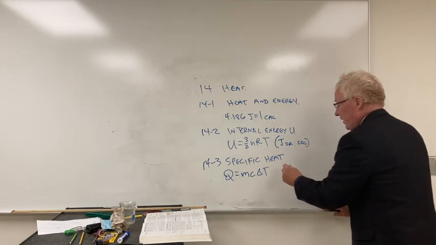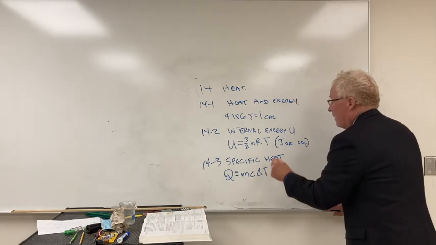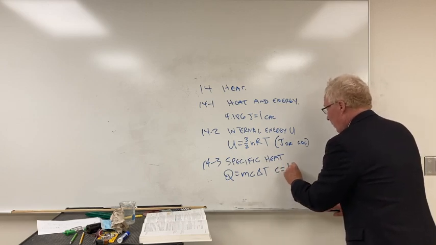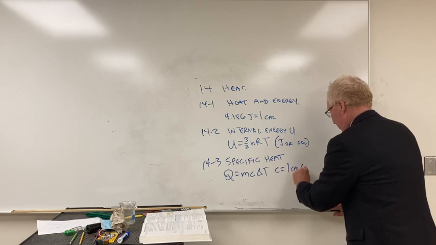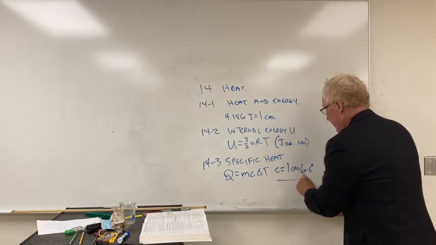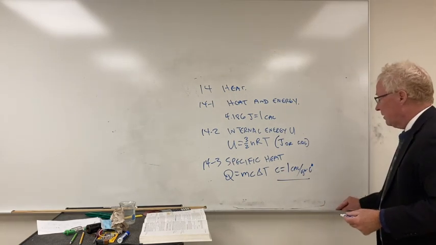For specific heat, we're going to be using mostly calories because it works out. For water, it's 1 calorie per gram degree Celsius. That's what we're going to be using for this semester.